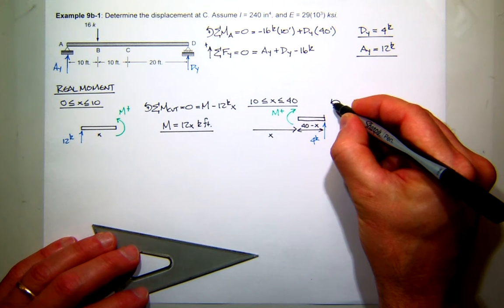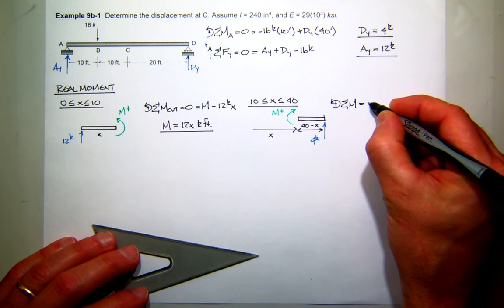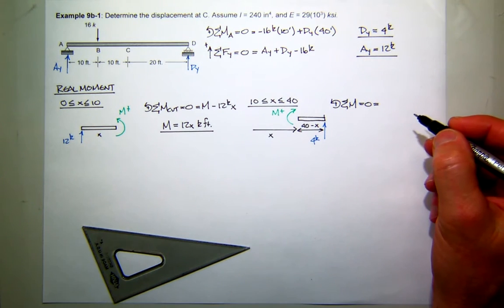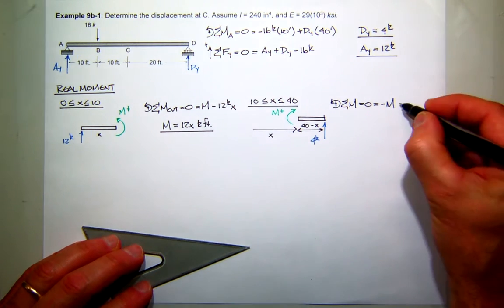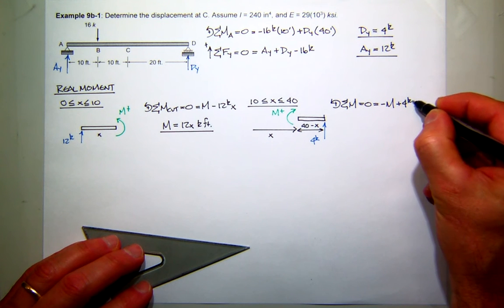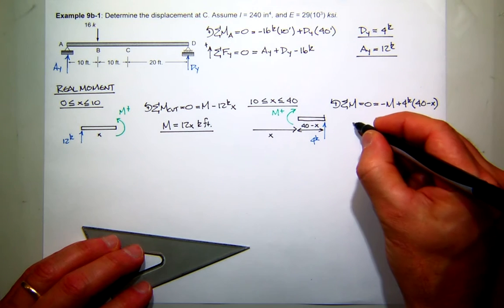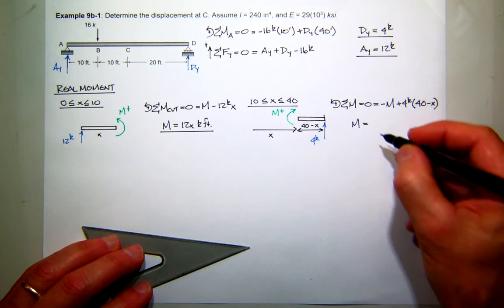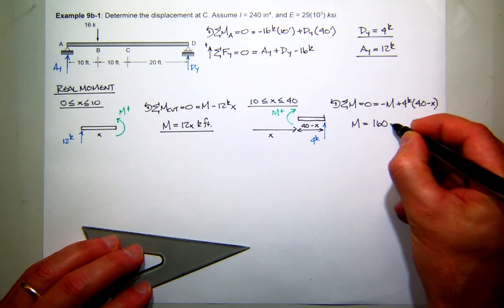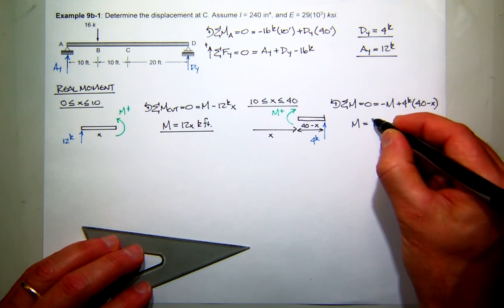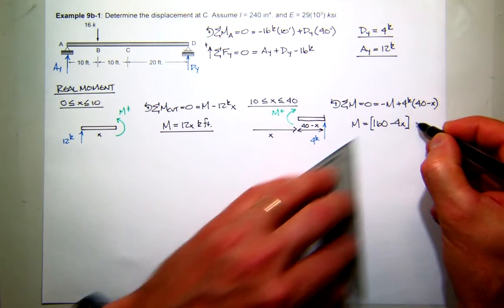Again, if I sum moments using right-hand rule as my positive sign convention and set everything equal to 0 for equilibrium, I have a minus M, negative moment, and then a positive moment created by the 4 kips times a moment arm of 40 minus x. I'll just run the 4 through, so it looks like I get 160 minus 4x, and all the terms will have the units of kip feet.